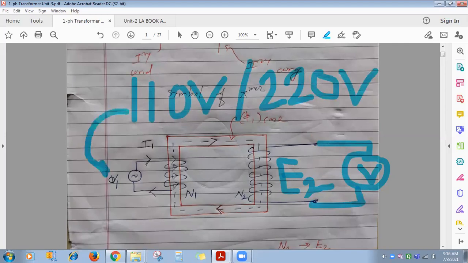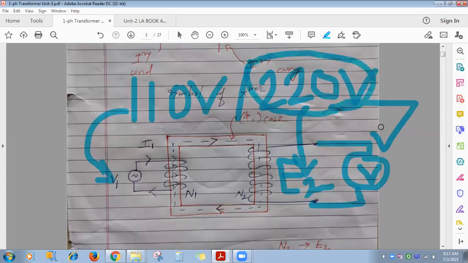We are going to apply 110 volts across primary, and across secondary this 220 volts you will get at no load condition. No load condition means no load is applied across secondary. See here, this one is the case. Secondary is open and EMF will get induced, and that will be approximately equal to 220. If you connect one voltmeter across secondary, it will give you some reading, nearly equal to 219 or 220 or 218, and that is called E2, the no load voltage, because no load is connected across secondary.